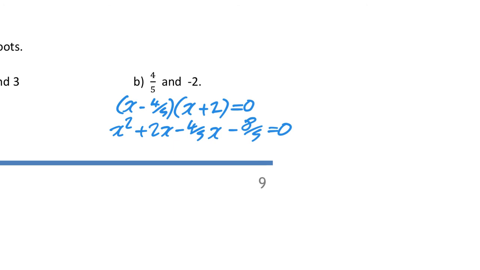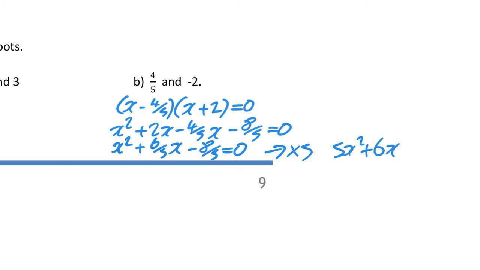I will tidy that up, and that is going to give me x squared plus 6 over 5x minus 8 over 5 is equal to 0. That's a bit of a mess. What you could do is times everything by 5 and give you 5x squared plus 6x minus 8 is equal to 0. A much nicer looking equation.